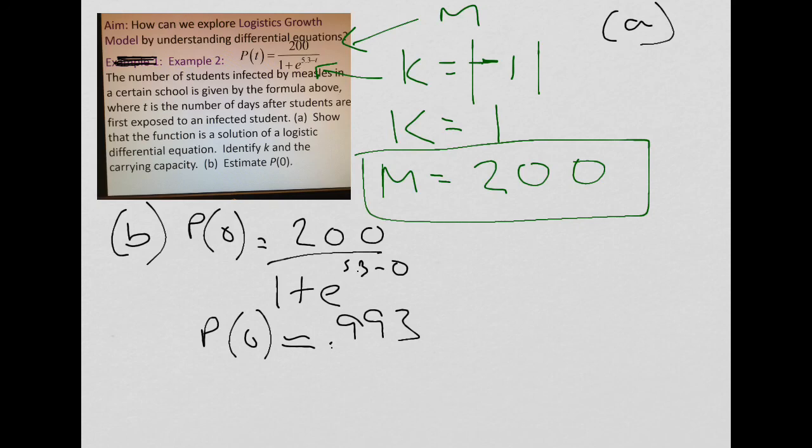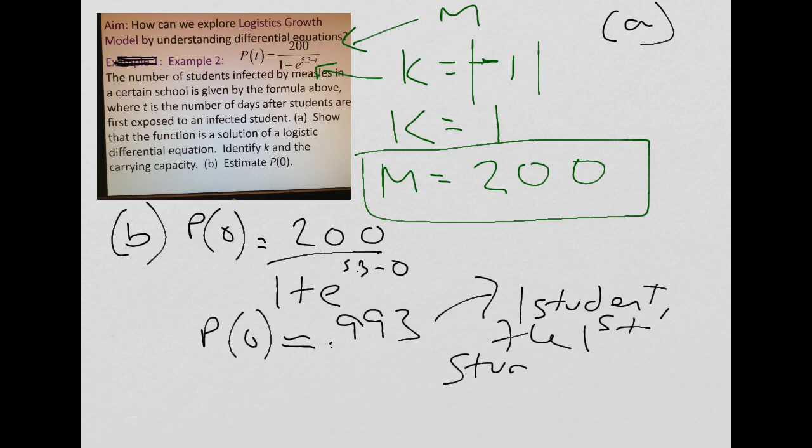So what is being explained from this is that when t is 0, initially there was 1 student, the first student infected with the measles.